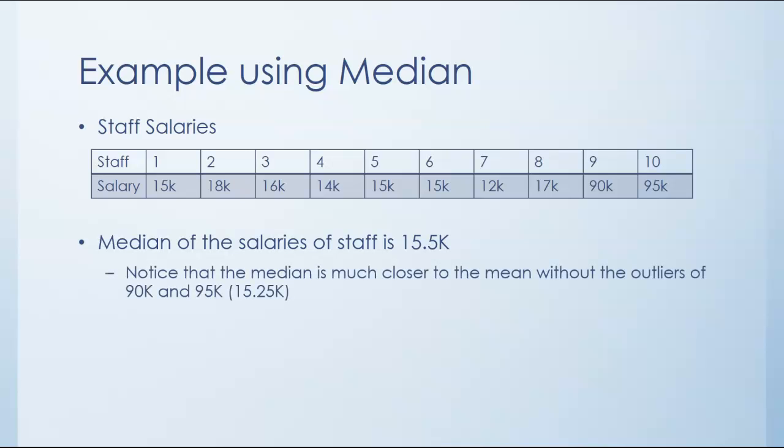Notice that that is much closer to our mean when we took out our outliers. So you can see that the median just is not affected by those outliers like the mean is. That's one of the reasons we tend to gravitate towards the median when we have numbers that are vastly different from the average or most of our numbers.